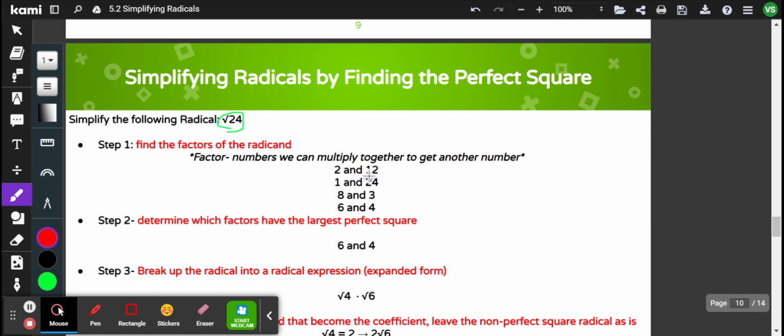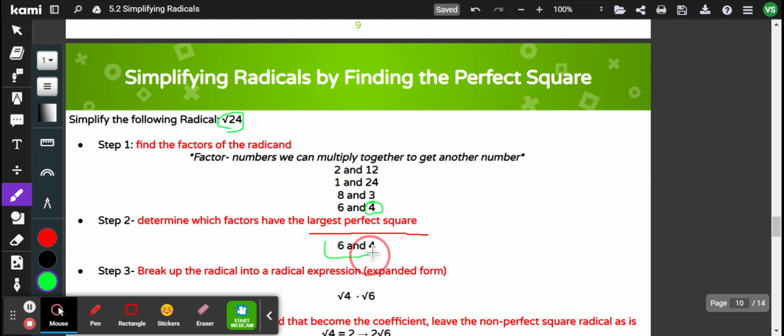Once you list all these factor pairs, you look through them and see which one has the largest perfect square. In this case, the largest perfect square is 4. So we would use this pair, 6 and 4.